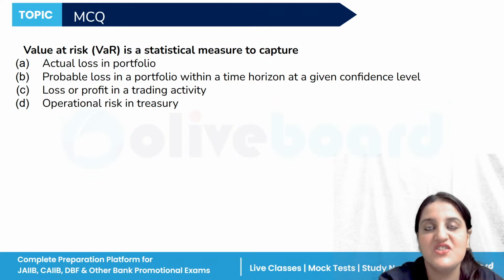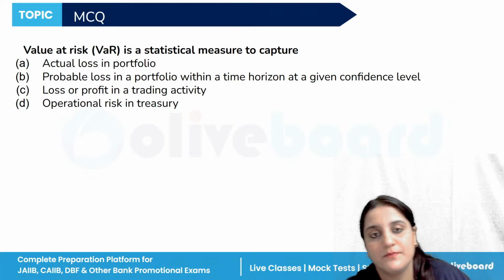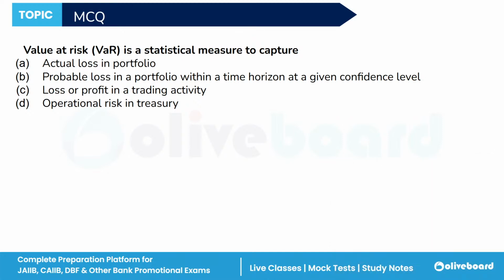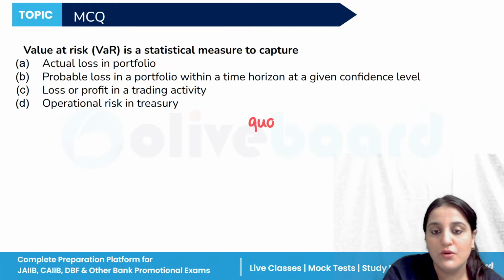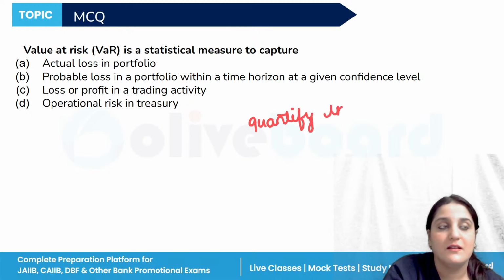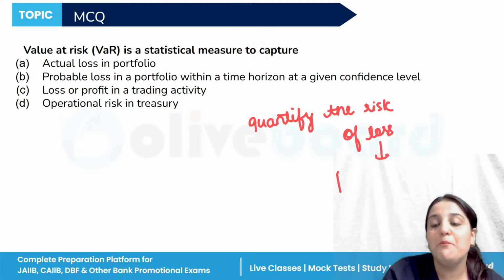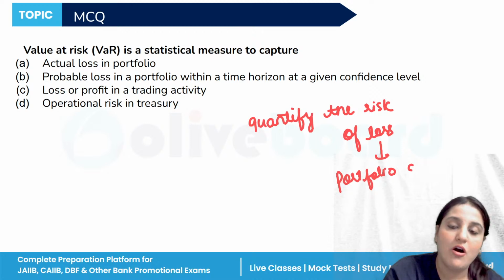Value at risk is a statistical measure which is basically used to quantify the risk of loss on a portfolio of assets.